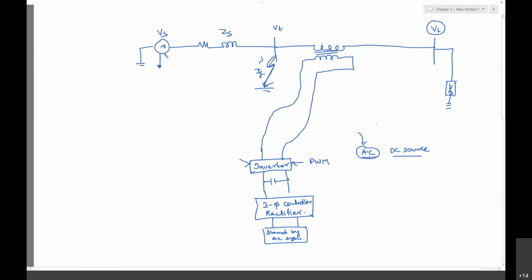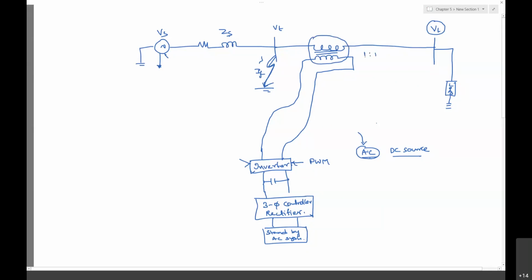This transformer has a rating, and the turns ratio is also important. Generally the transformer used over here is a 1:1 transformer.